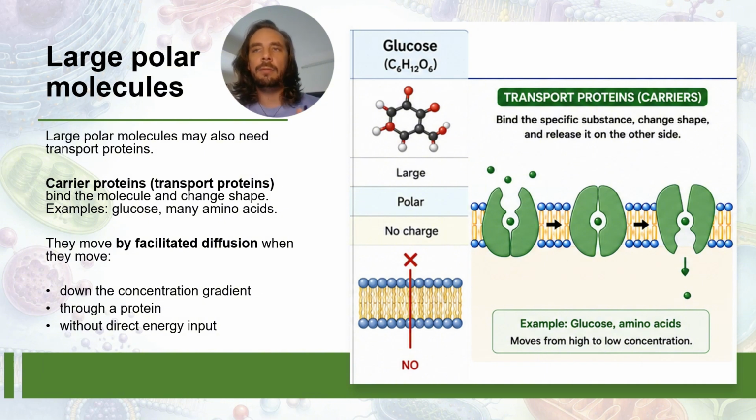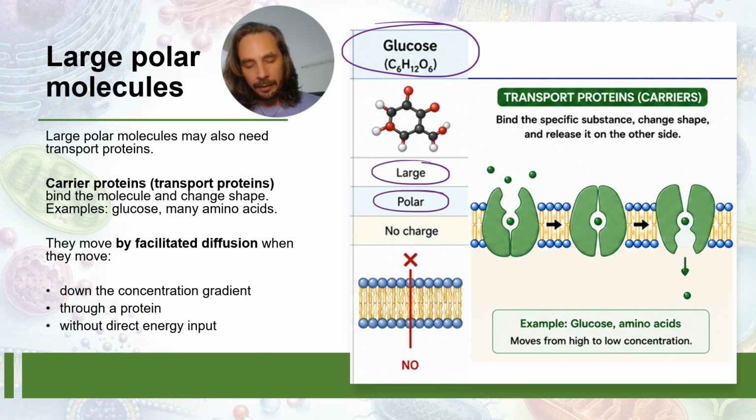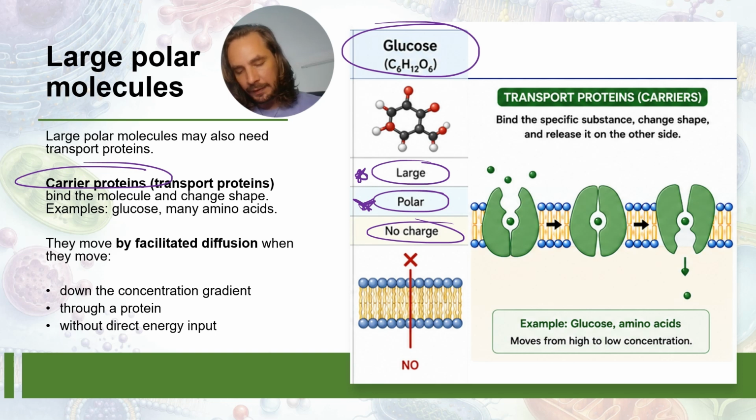Now, large polar molecules, like glucose, for example. They're big, they are polar, and they have no charge. But because they are big and polar, they need a protein, and they specifically use carrier proteins. With carrier proteins, the molecule binds to the protein, and once it binds, the shape of the protein changes, and because the shape changes, it releases the glucose into the cell.